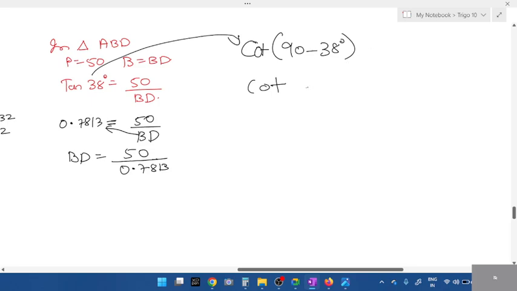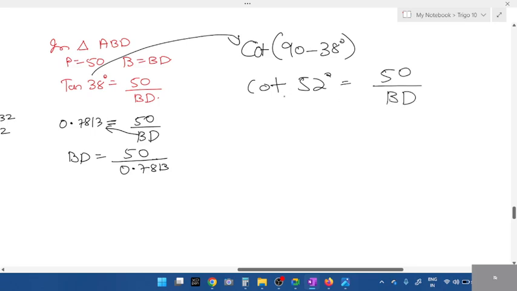Subtract it. Is it 52 degrees? 52 degrees? Okay. Now we have cot 52 is equal to 50 divided by BD.